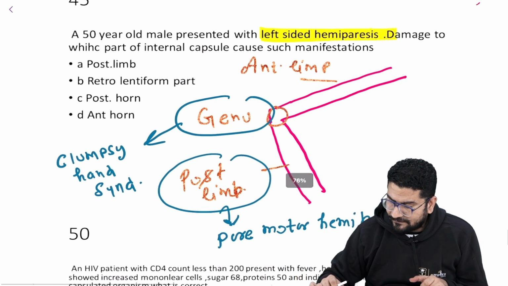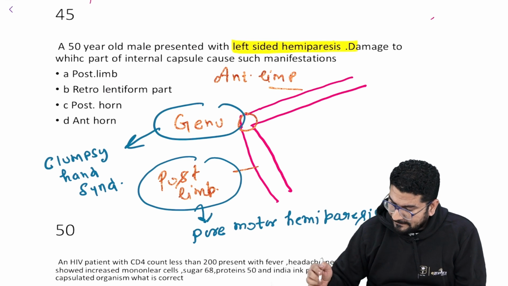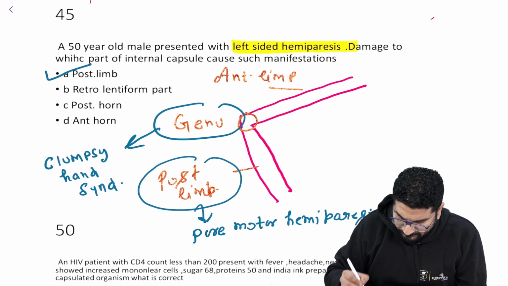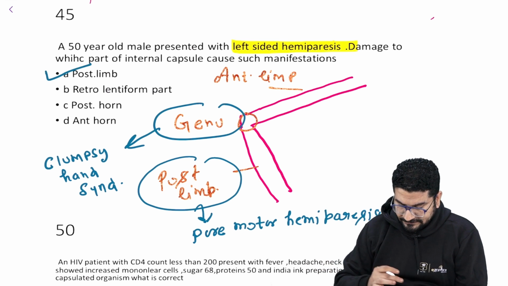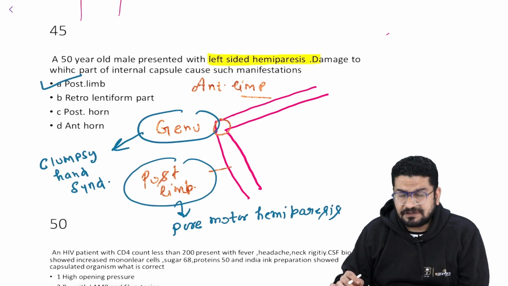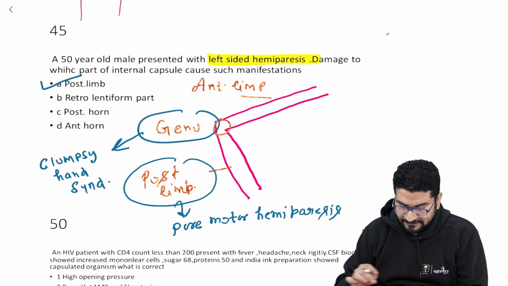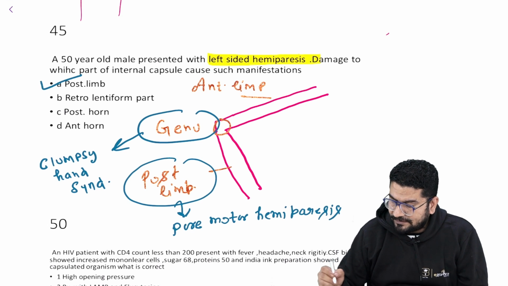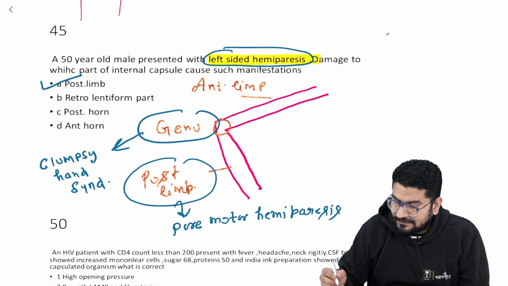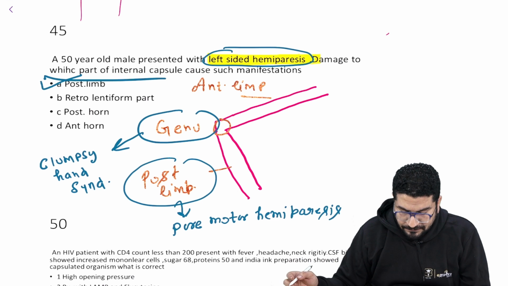So in this question, the answer will be posterior limb, right? Remember, pure motor hemiparesis. In the genu, you will see what we call clumsy hand syndrome, or dysarthria. That is when there is damage to the genu part. The question mentions left-sided hemiparesis, and there is nothing else given. So this is damage to the posterior limb.